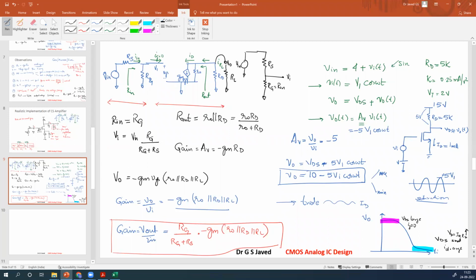As IDRD becomes more, the VDS will become small, and this will push it from cutoff region into triode region. So this is triode, this is cutoff. Okay, this is your nominal operating range. So you ensure that you are always in the green region.